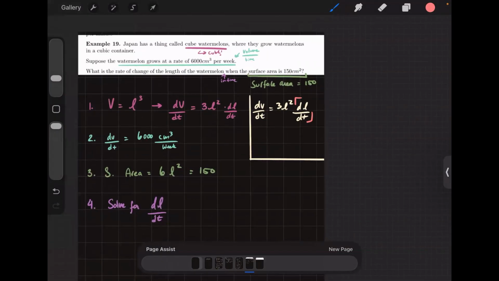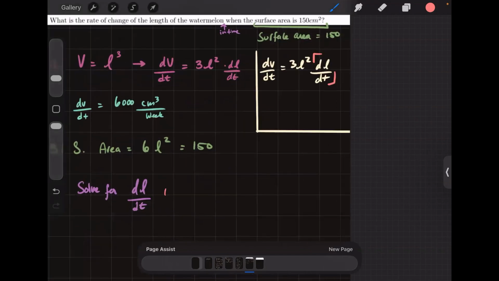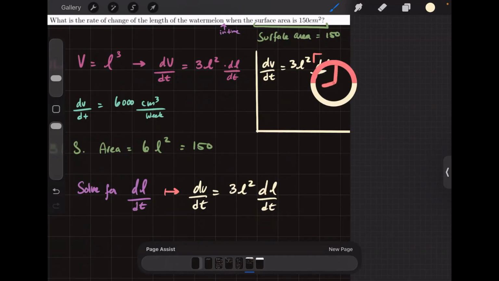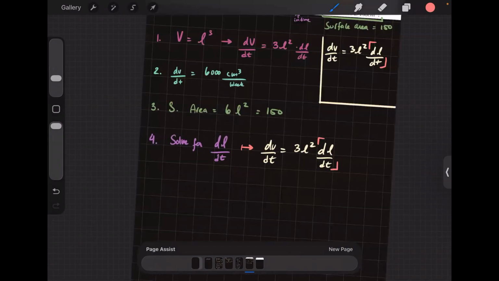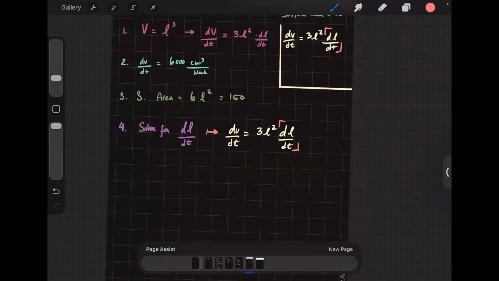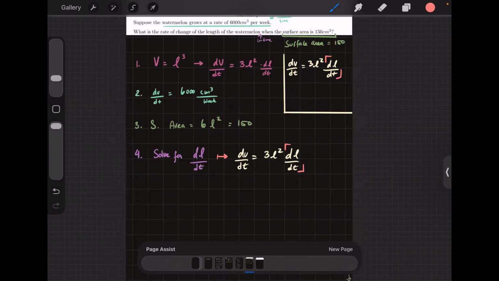So we know that dV/dt is equal to 3L squared dL/dt. Then we can say, we know what dV/dt is.